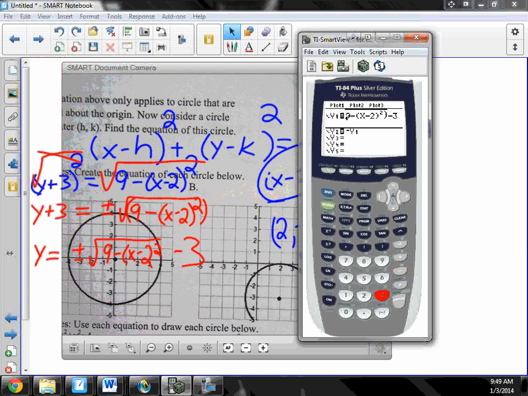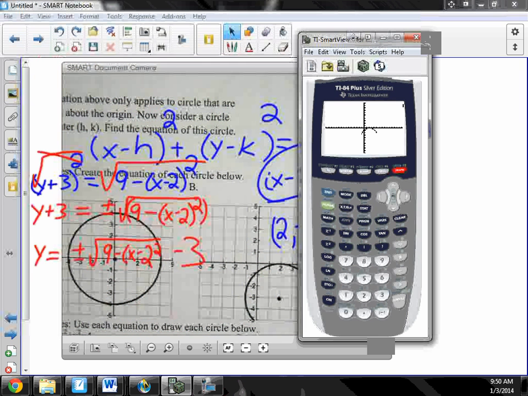Okay? And then we can try to graph the bottom by just doing the opposite of the top. So I push graph, and oh, that looks nice, but that does not look nice. Why didn't that work?